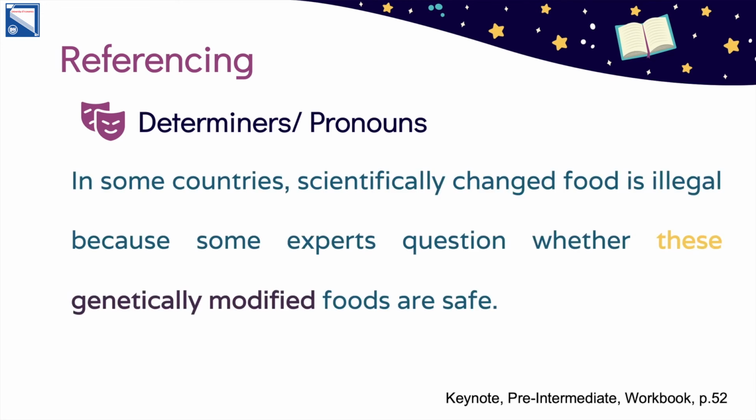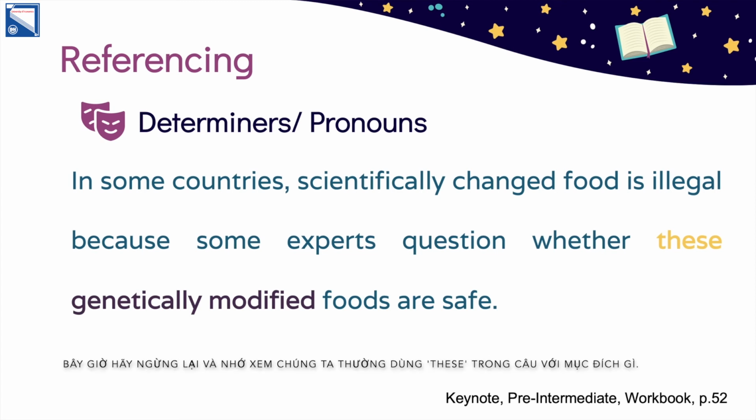In some countries, scientifically changed food is illegal because some experts question whether these genetically modified foods are safe. Some of you might not know the meaning of genetically modified. But don't worry, just look at the determiner these. Now, take a moment and try to remember, what do we use these for?